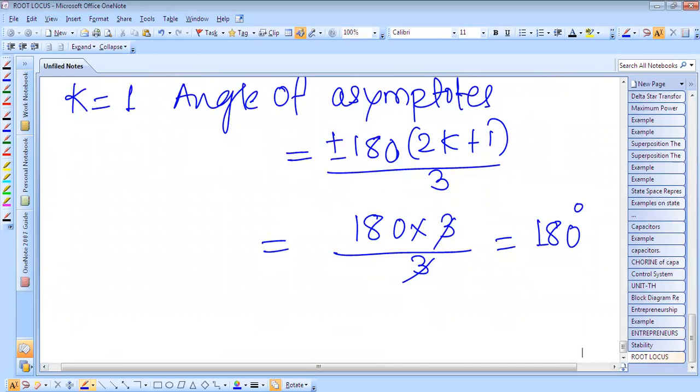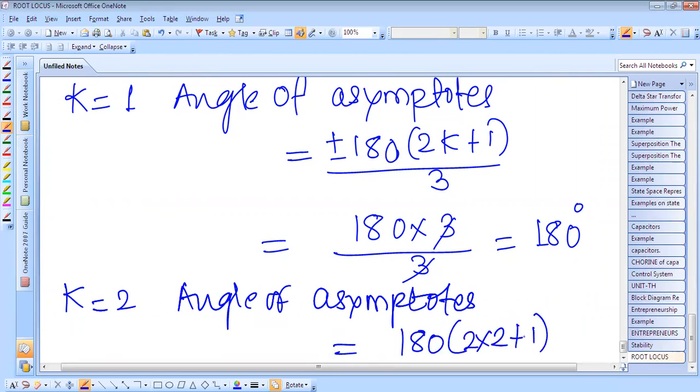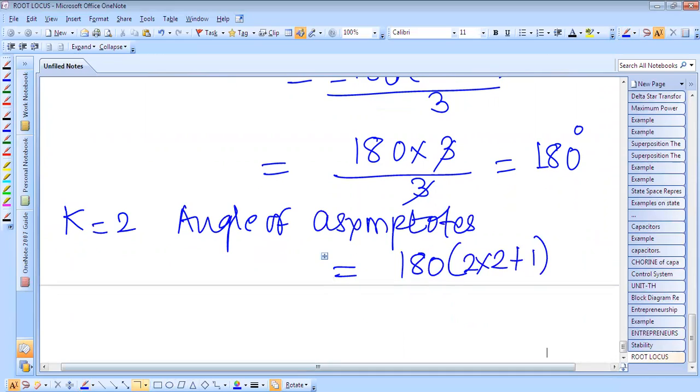And k is equal to 2. So the angle of asymptotes is equal to 180 degrees times (2 into 2 plus 1) by 3.